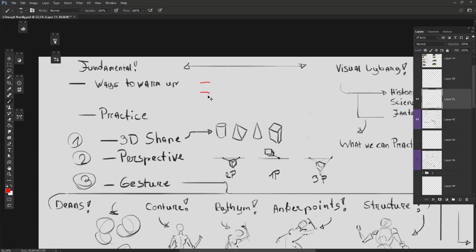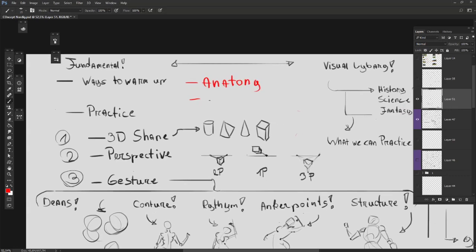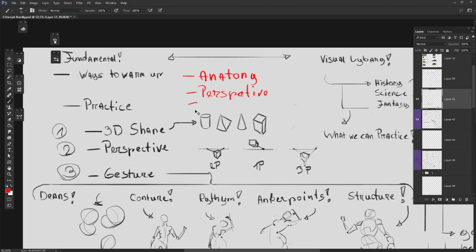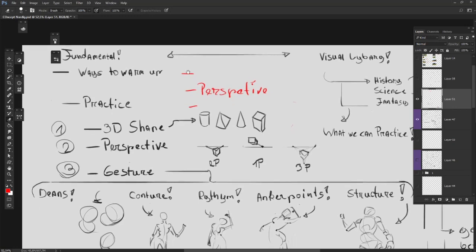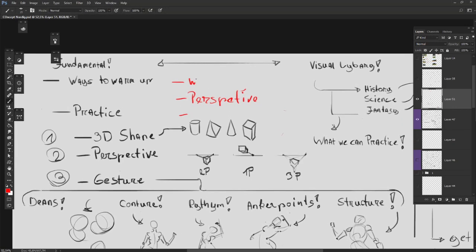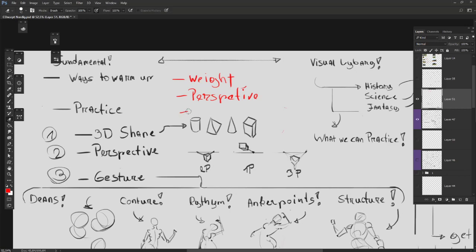which one is anatomy, which he totally got right, perspective, and what's important, not anatomy, actually everything about lines, line weights, edge control, and then the other part of the fundamental is depth.